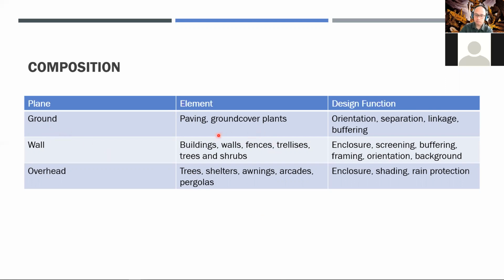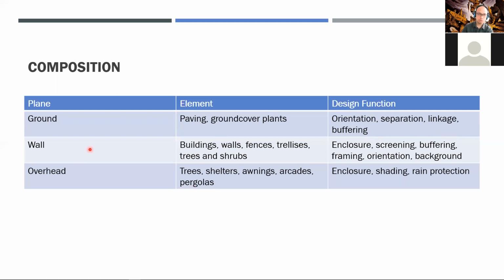For the ground plane, some of the elements may be pavings, ground cover plants, and the like, and these may serve different design functions that help you orientate within the space, that help segregate one function from another, or conversely, help you link from one function to another, and sometimes even act as buffers from one activity to another.